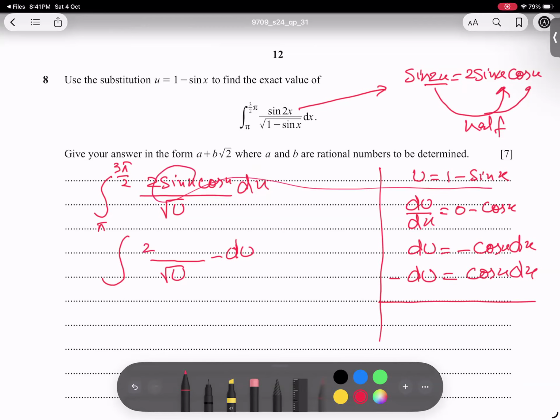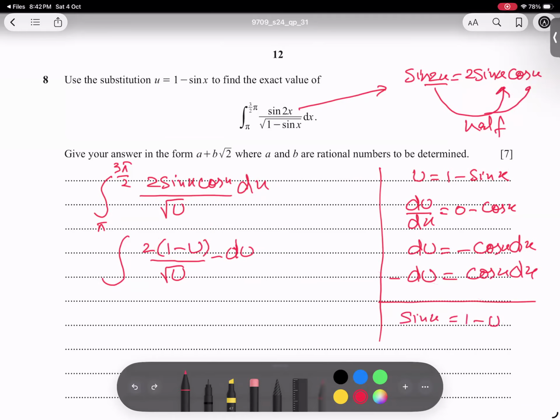But what about sin x? Can I make sin x the subject from here? Yeah, why not? Sin x comes this way, u goes on the other side. So I can say 1 minus u. Repeat again: make it alone, so sin x is equal to 1 minus u.